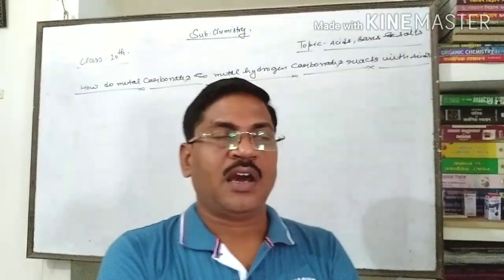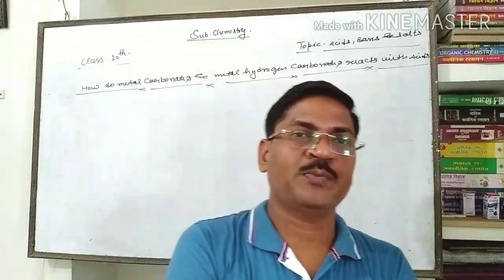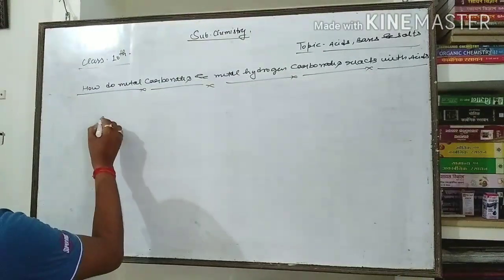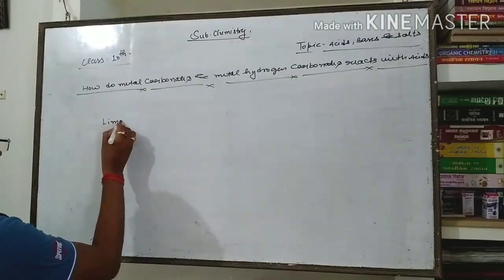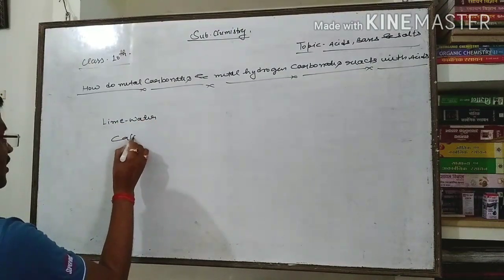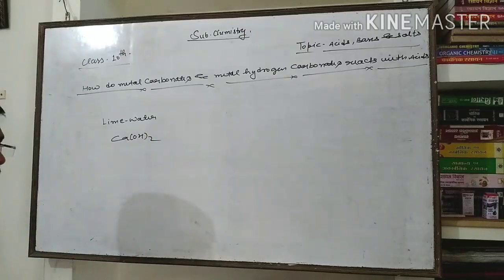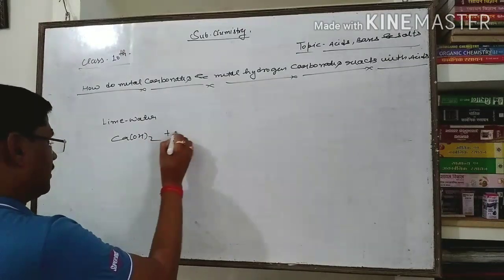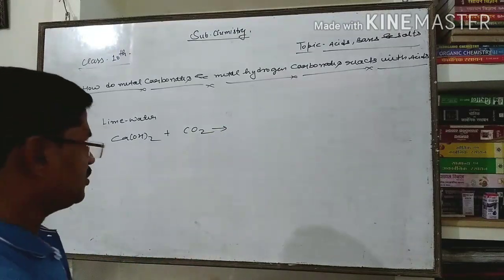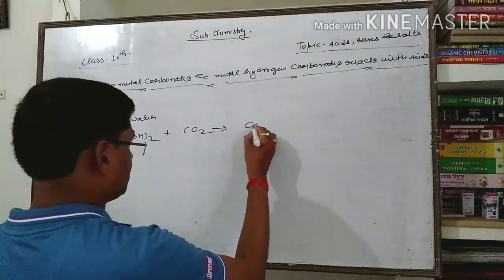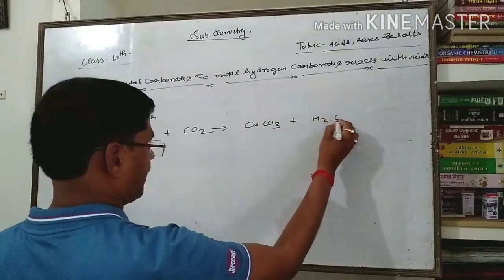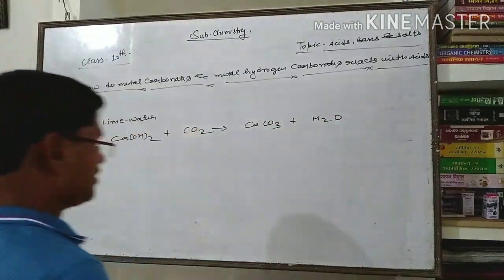Suppose carbon dioxide gas is passed through lime water, then what happens? Lime water means calcium hydroxide, and we pass carbon dioxide gas through it. Then it will give CaCO3 plus H2O.